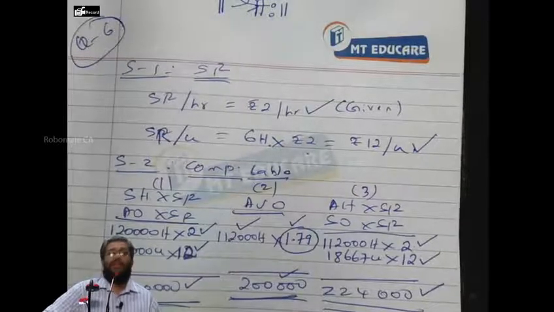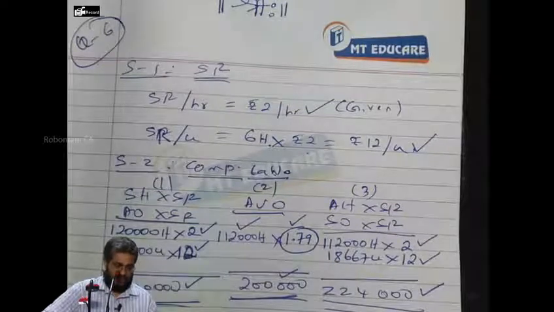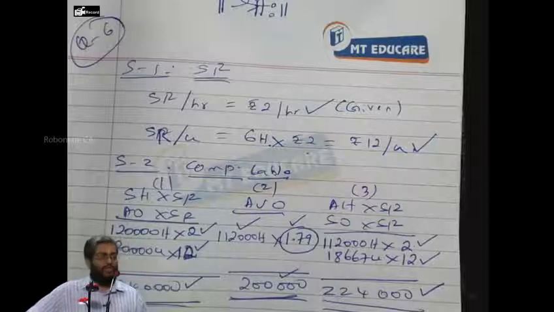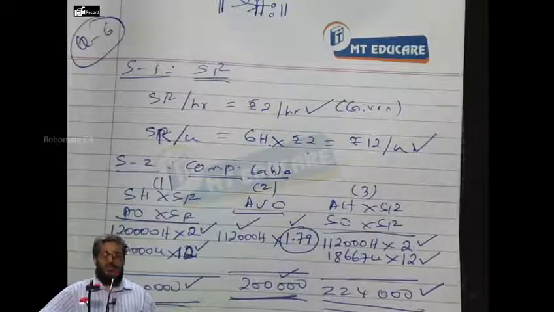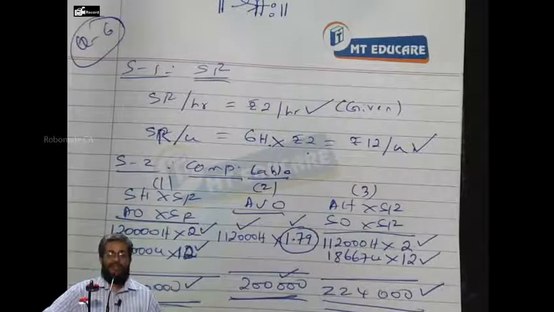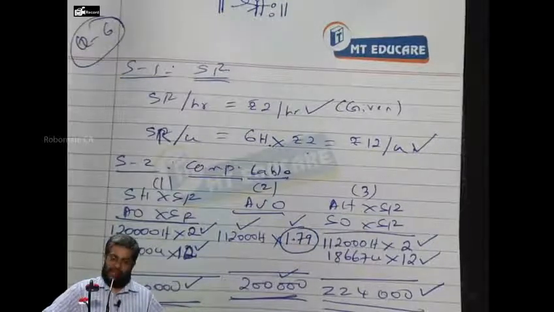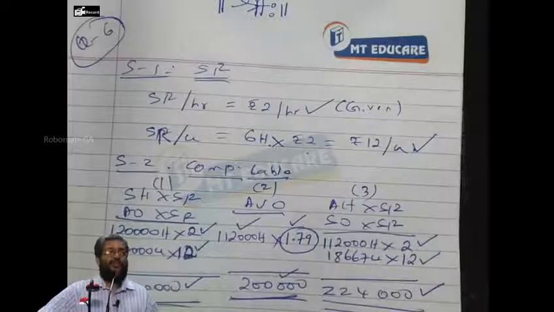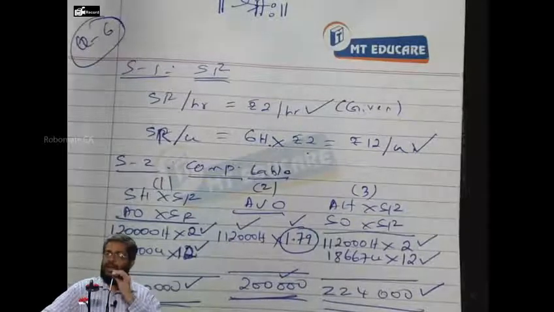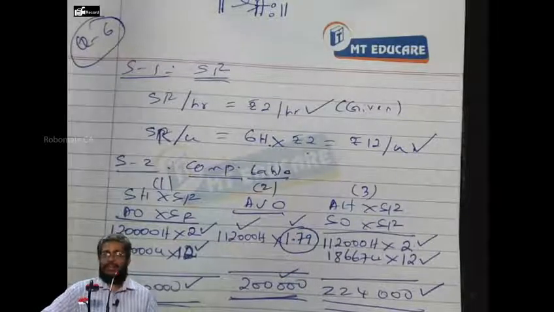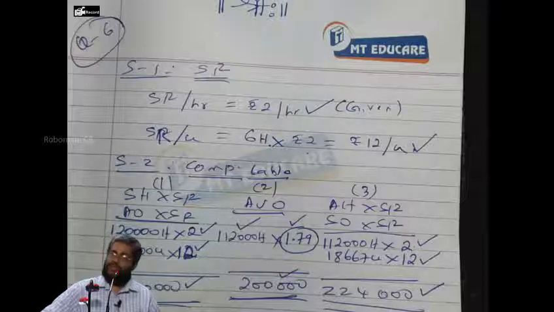Point number 2. In other words, more the output, more the labor hours.